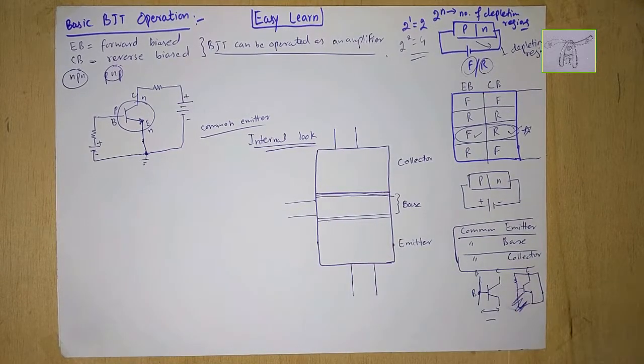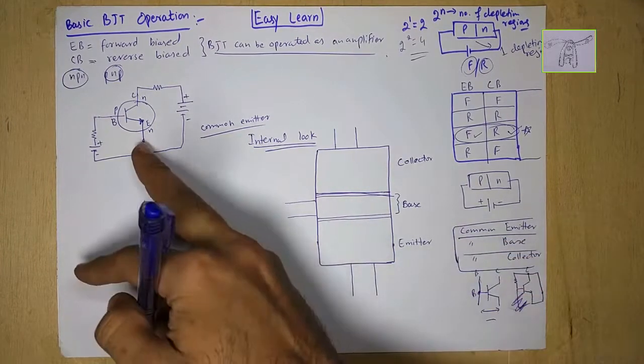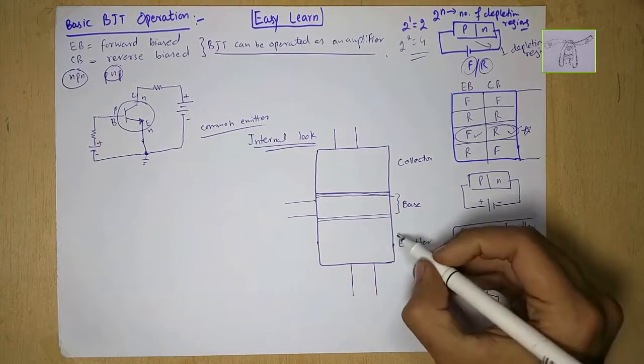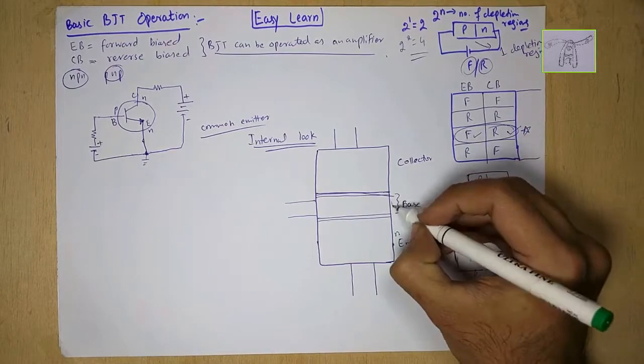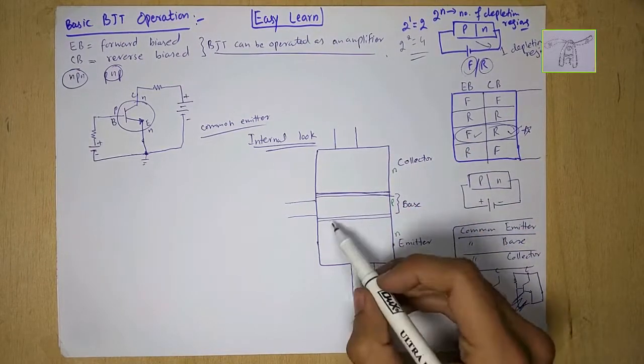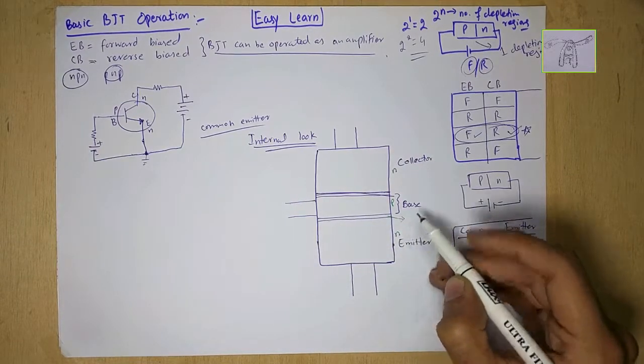When the emitter is connected with the negative, because we are discussing NPN, remember, we are discussing N, P and N, this is the emitter, this is the base, and this is the depletion region.